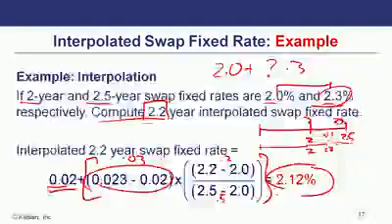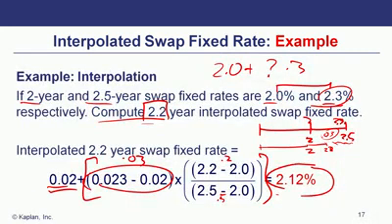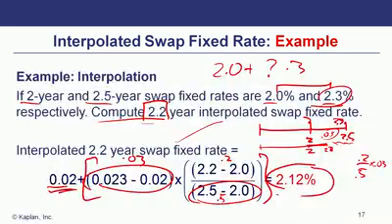So we need the portion of this 0.03. Think of it as going up the function. We need the portion of this 0.03 that would have been reflective of the change if we just came out 0.2 years instead of 0.5 years. So we're going to have 0.5 in the denominator, down here. We're going to have 0.2 in the numerator, and we're going to multiply that by the 0.03. That's going to be the amount that we add to the shorter term rate.